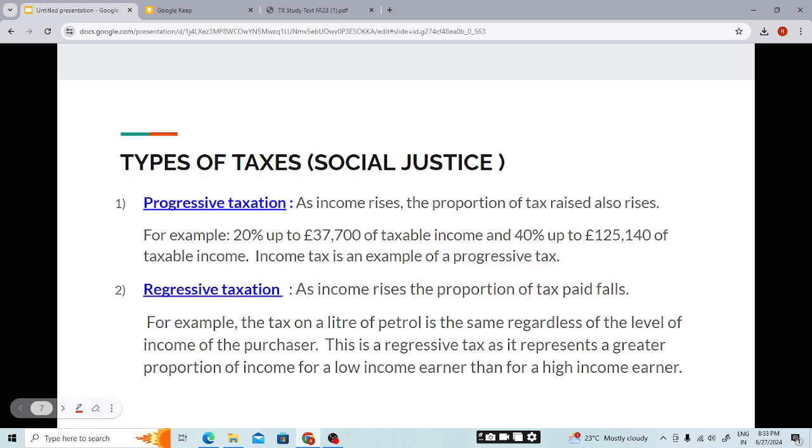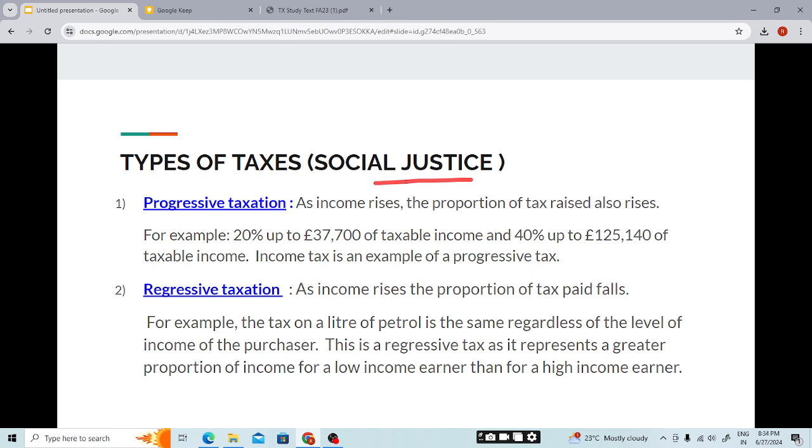In the UK, as we have studied, direct taxes and indirect taxes are there. In the UK, they have divided taxation into four types, mainly under social justice. Social justice means the person who earns more income needs to pay more tax, and the person who earns less income needs to pay less tax.